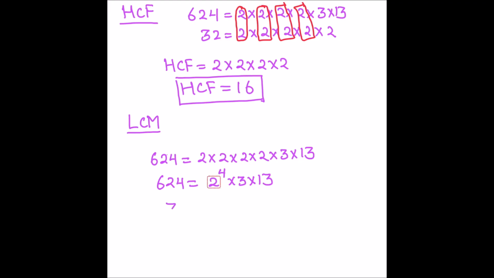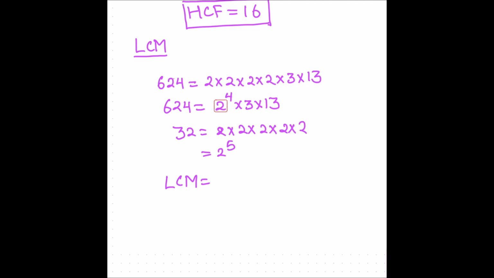And the factors of 32 are 2 times 2 times 2 times 2 times 2, which equals 2 raised to power 5. For finding the LCM, we are going to take the highest power of the factors. LCM is the product of highest power of the factors.